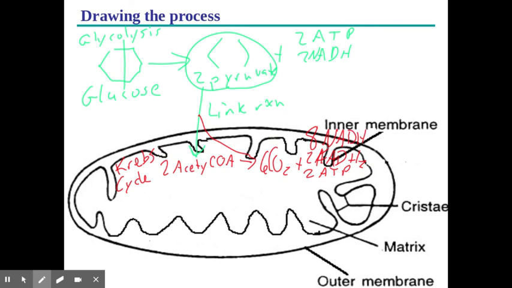Okay, that's where we were at the last time we drew this. Let me grab a different color. Now we're going to get into oxidative phosphorylation, which is ETC plus chemiosmosis.